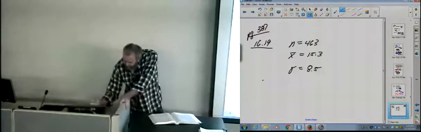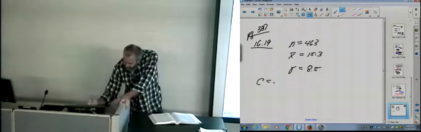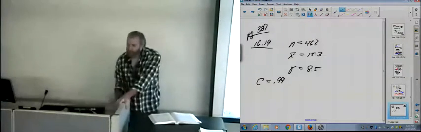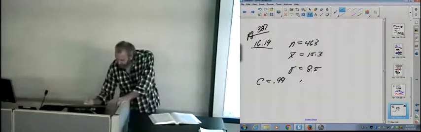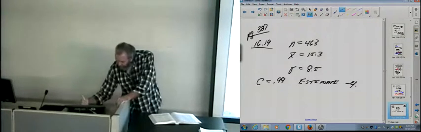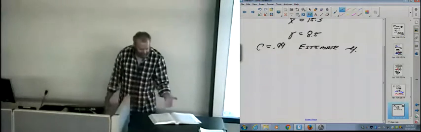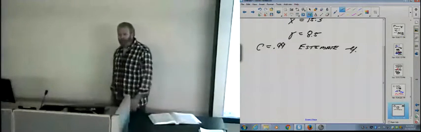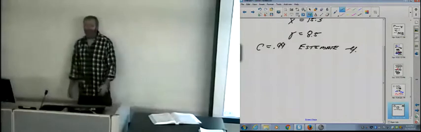The confidence level is 99%. They want us to estimate mu, the mean study time per week of all first-year students based off of this sample.